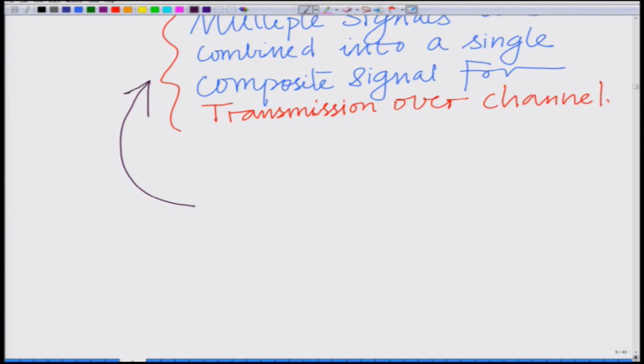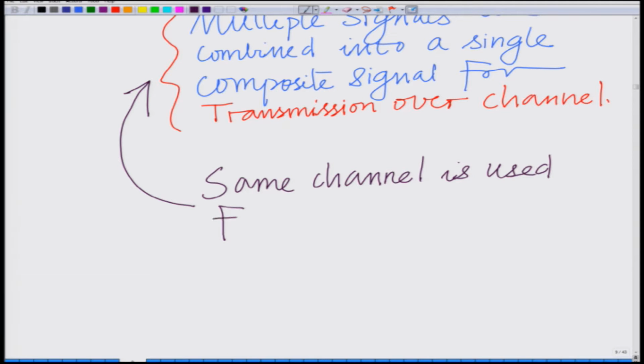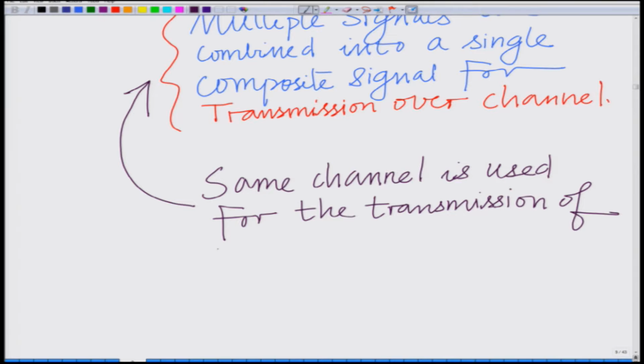So, the same channel is used for the transmission of multiple signals.